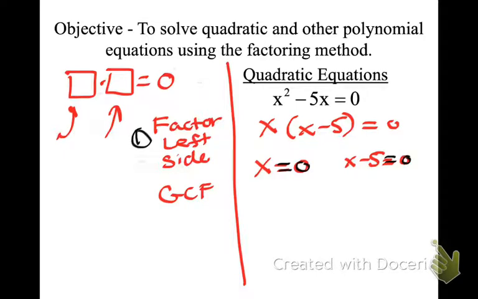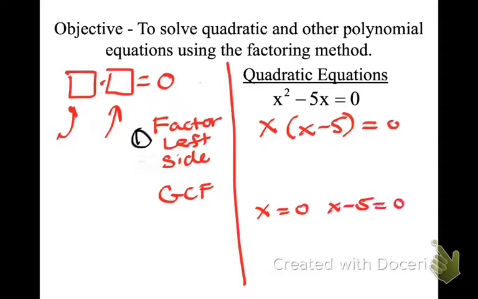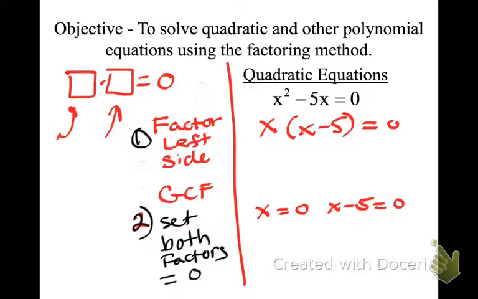So number 1, we're going to factor. I'm going to move this down here. x equals 0 and x minus 5 equals 0. Okay, number 2, we're going to set both factors equal to 0.